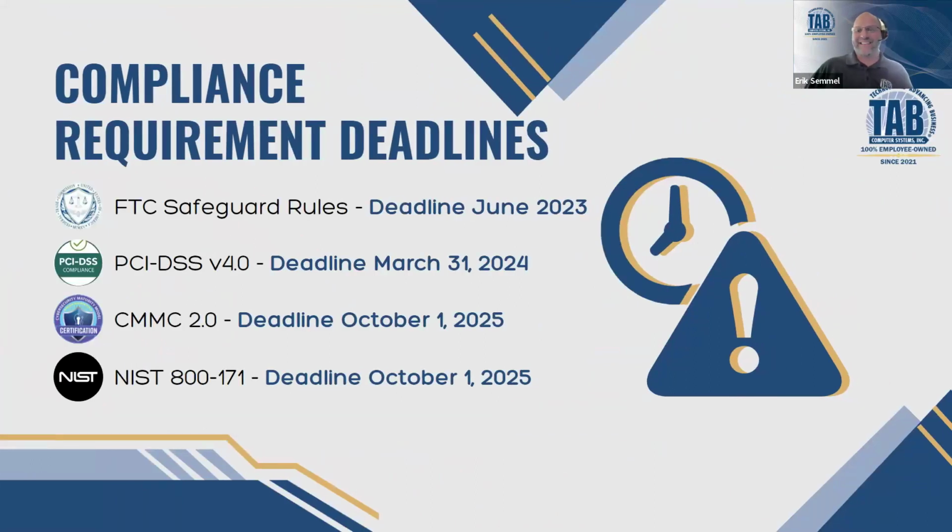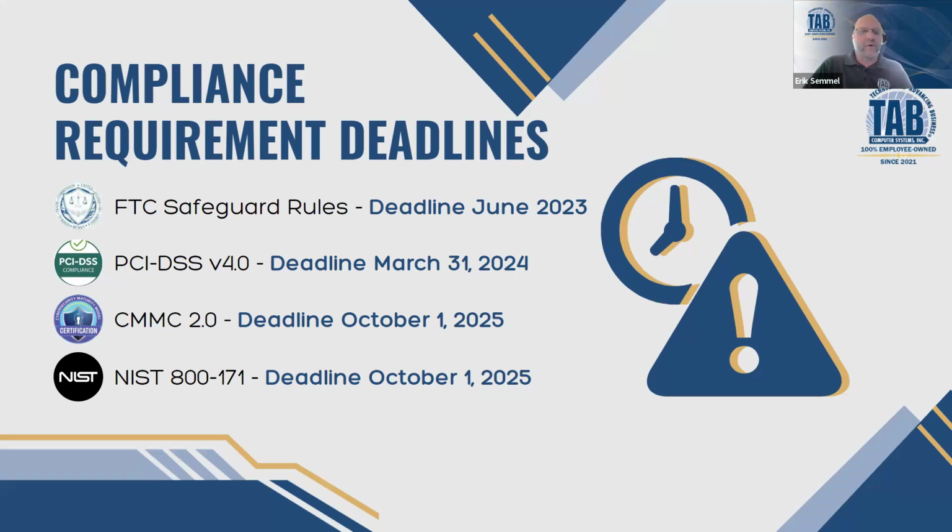They've set some deadlines. The FTC has said you had to be compliant by 2023. So if you happen to be an auto dealership or a financial organization, these rules are already in place now, a year ago. PCI DSS, you have also just missed that deadline if you're not compliant and you process any kind of credit cards for your customers.